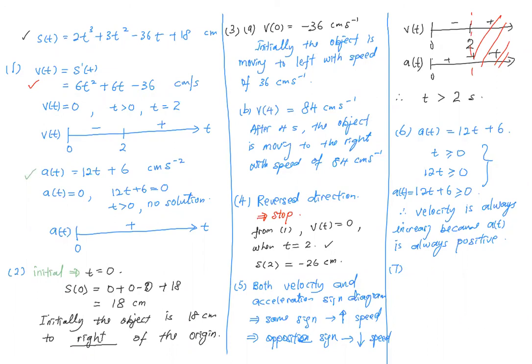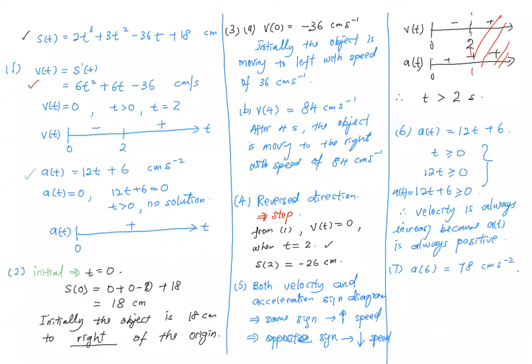Ah, this time you are alert. So I have to sub in with 6. So you use your calculator. Can you give me the answer? 78. 78 cm per second per second.